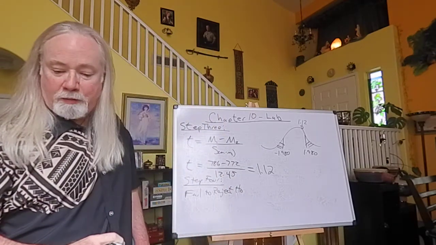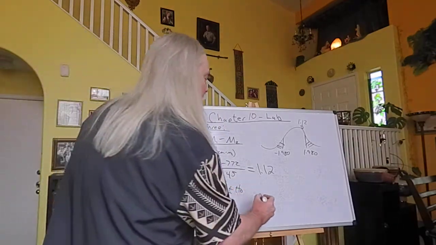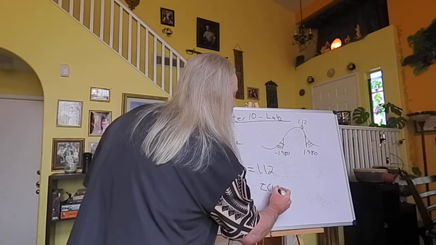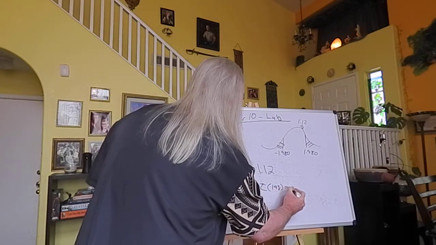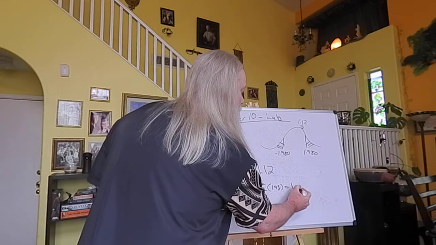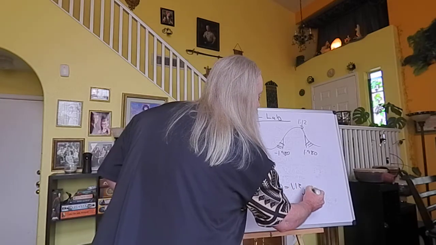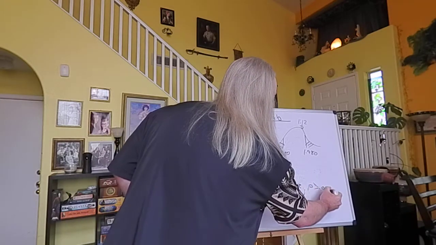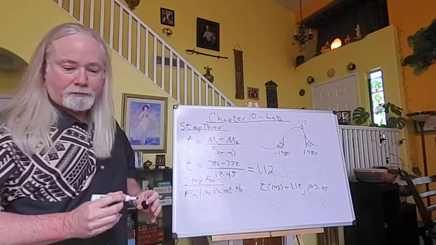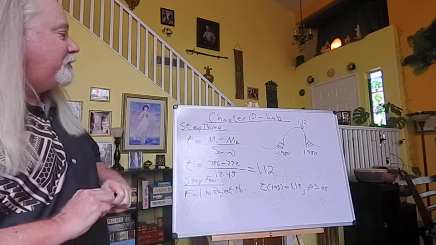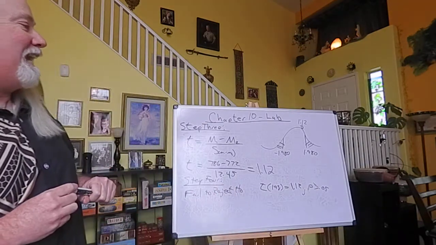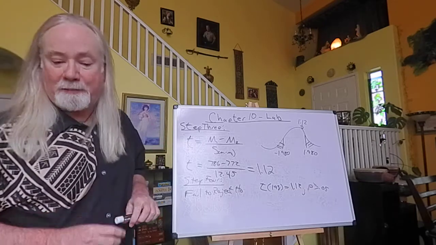And again, if we needed to write this in APA format, we would say that we had a t of 198, which equaled 1.12. P was greater than 0.05. So there is our answer to question 8A, or our answers to 8A.